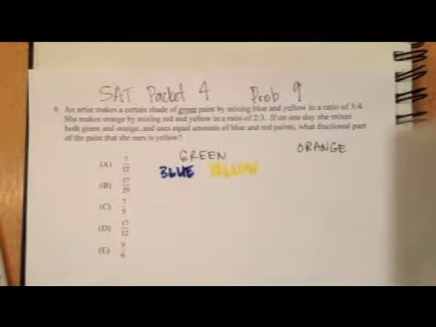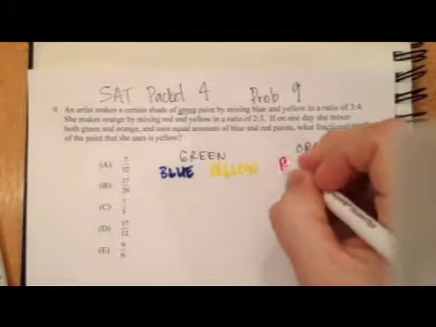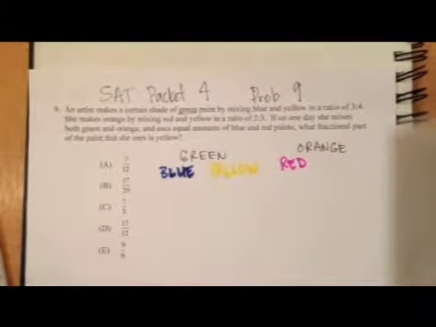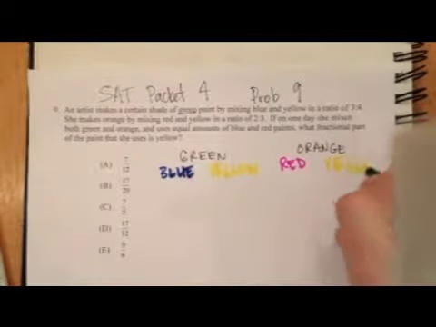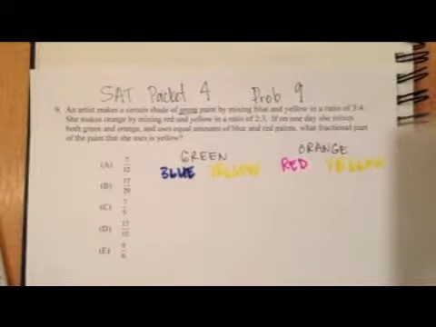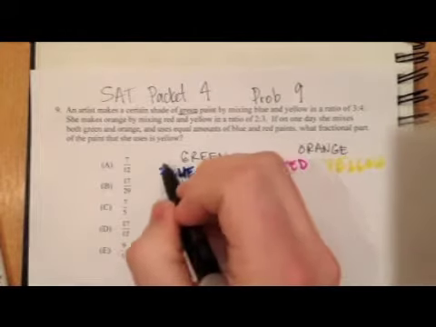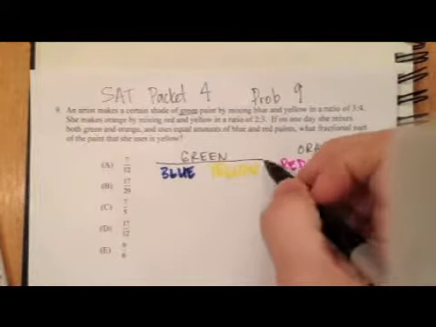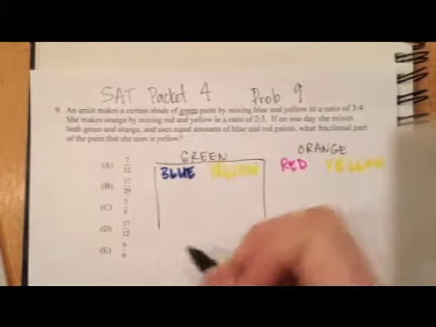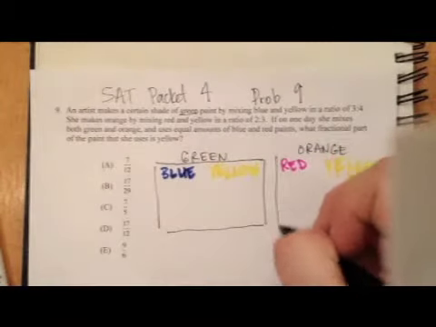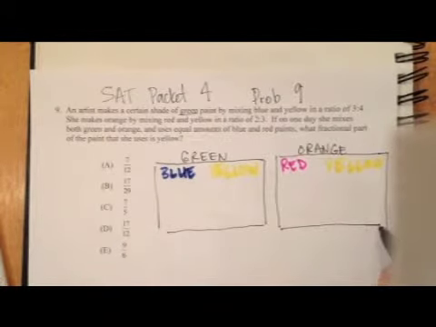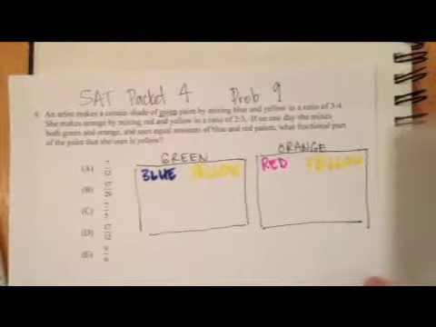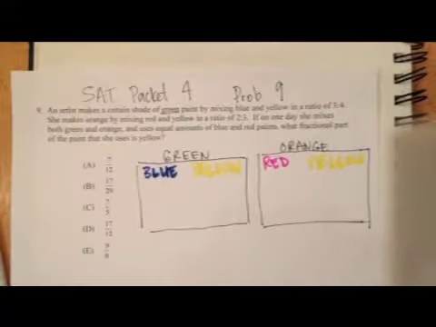The orange she makes by mixing red and yellow. So we're going to have a box over here that describes what's happening for blue and yellow, and a box over here that describes what's happening to red and yellow. They're related, but it doesn't have to be the same thing happening in both places.